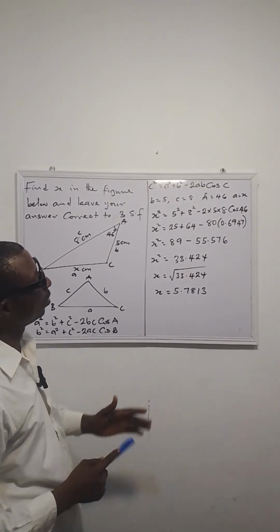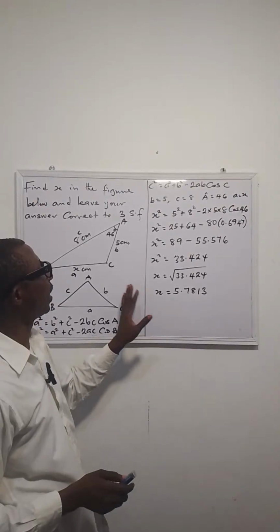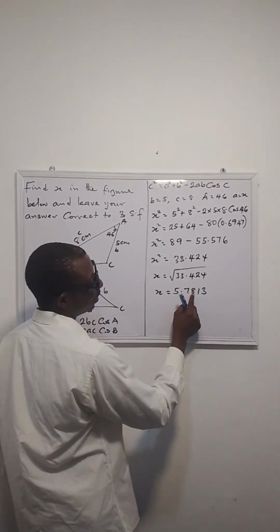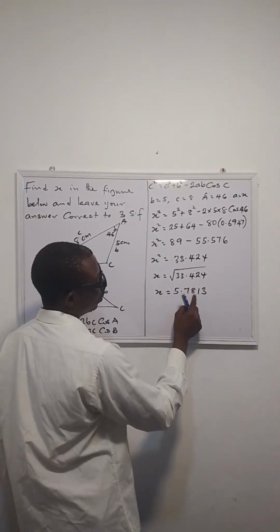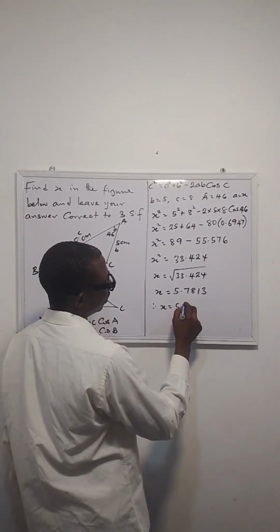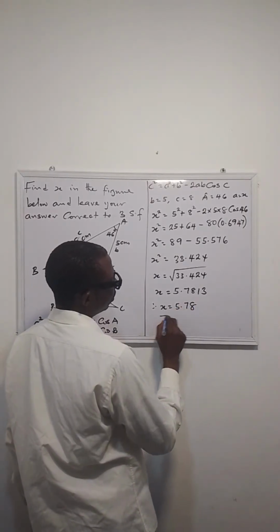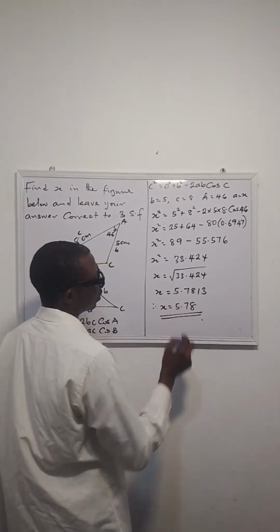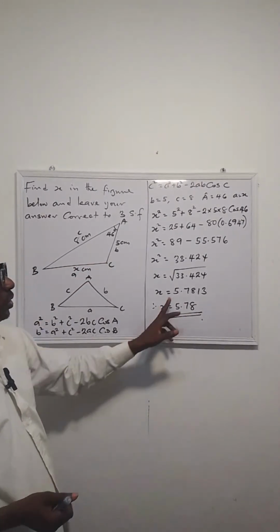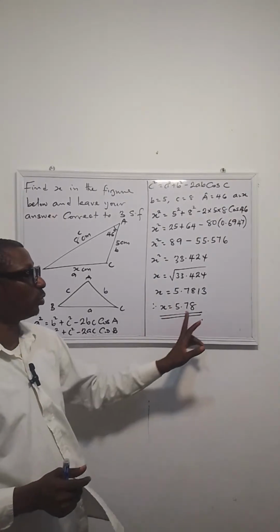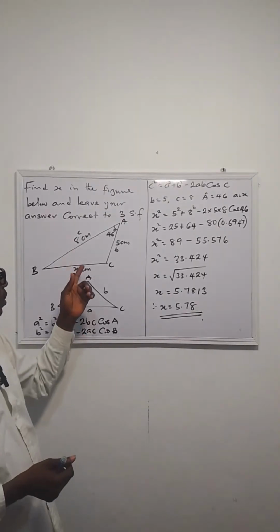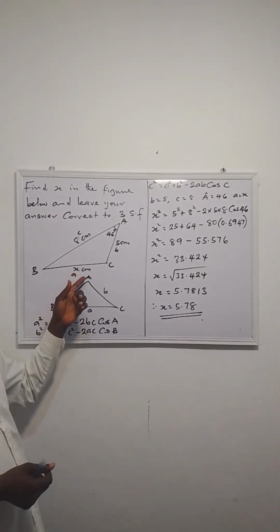Now, the question asks us to correct to 3 significant figures. So you count 1, 2, 3. Therefore, x equals 5.78. And this is going to be the value of x. Now, you observe that I didn't put units here. If I put units here, I will be wrong, because in the question you can see x is in centimeter.